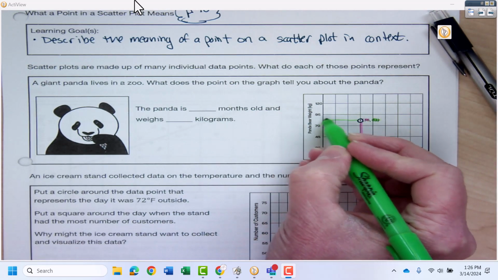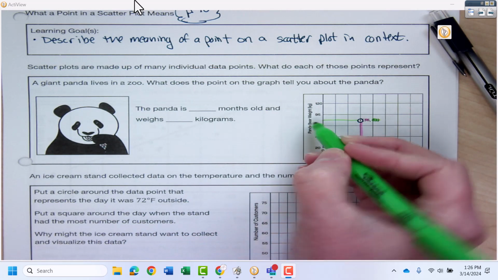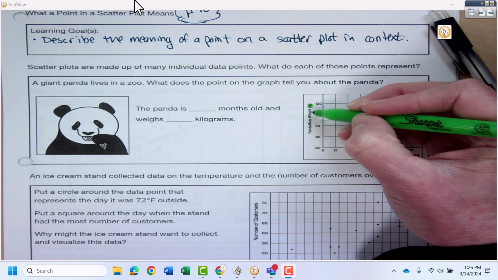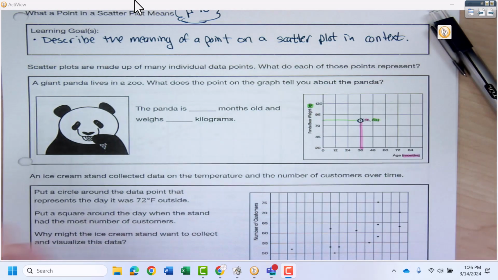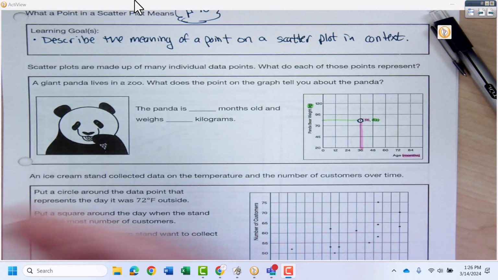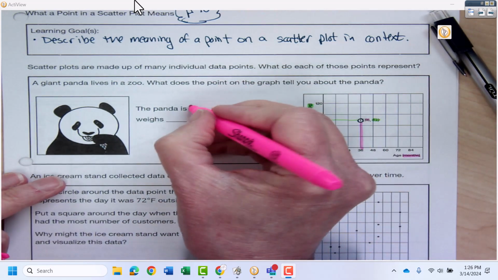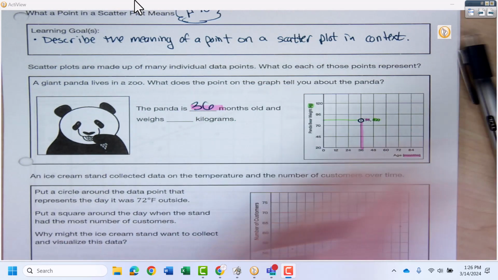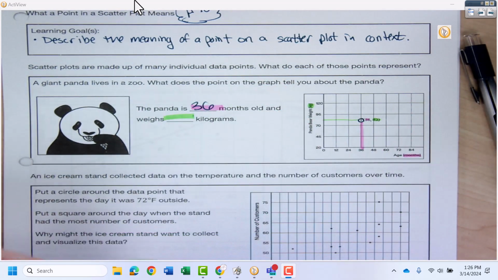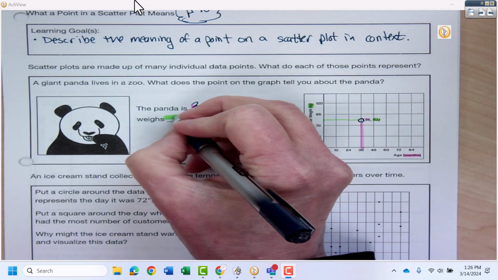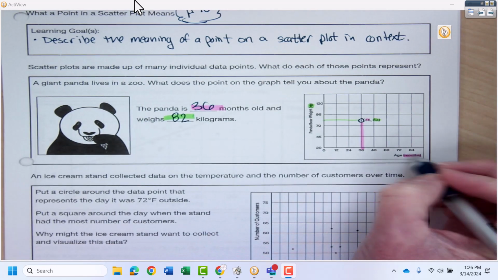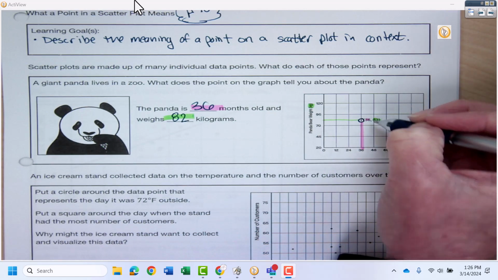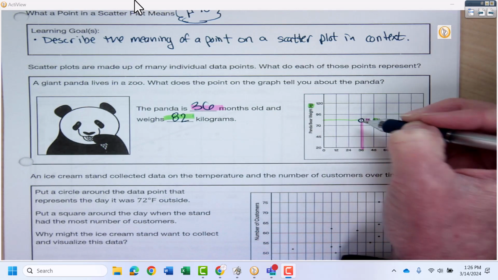But to know what that 82 means, I need to look at the label on the y-axis. It's the panda bear's weight in kilograms. So the panda is 36 months old, and the panda weighs 82 kilograms. So reading those labels on the sides really helps us to understand what the coordinates in that point on the scatter plot mean.